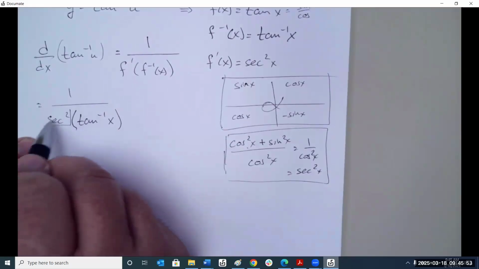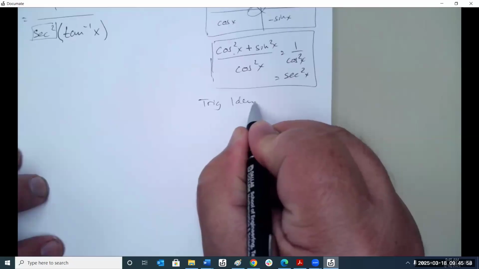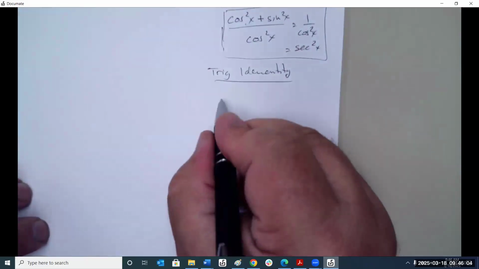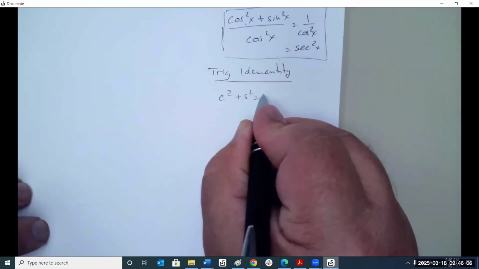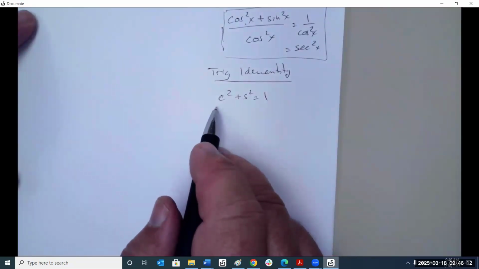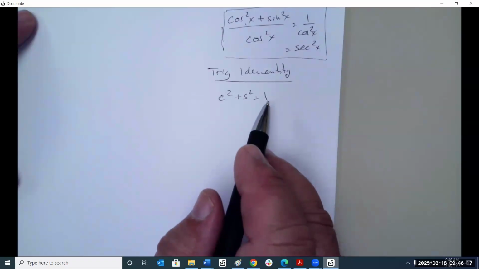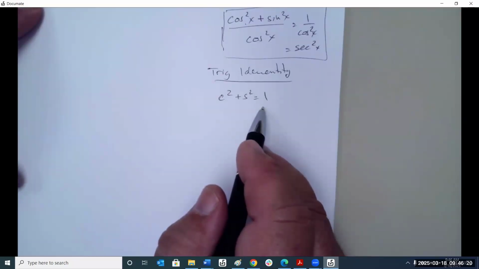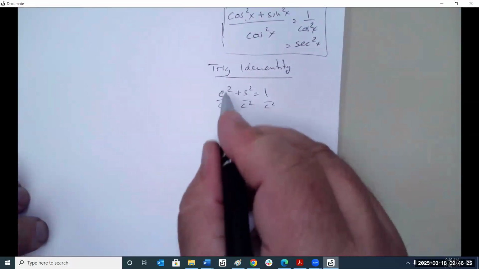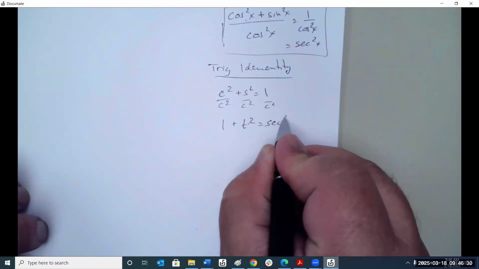Now, trig identity. Remember, it's cosine squared plus sine squared equals 1. If I divide everybody by cosine squared, the secant is 1 over cosine, I get 1 plus tangent squared equals secant squared.